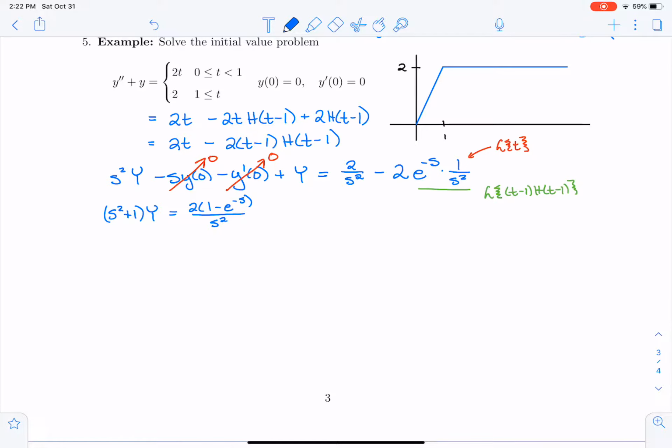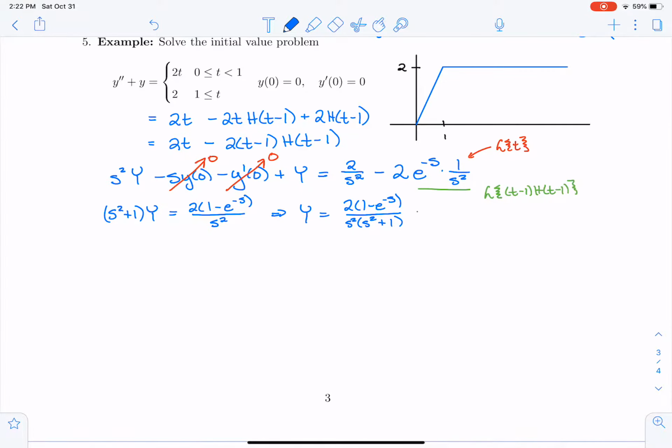So that tells me that capital Y in this case, if I divide, is 2 times 1 minus e to the minus s over s squared times s squared plus 1.